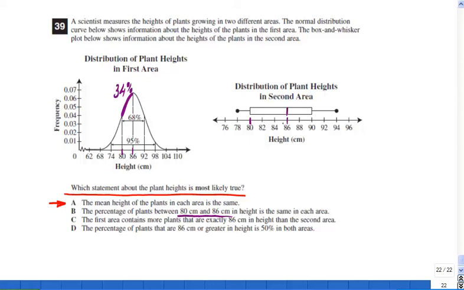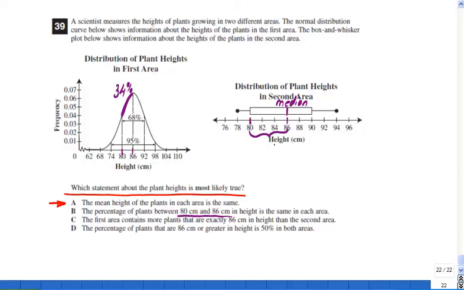You guys remember box and whisker plot, this segment here in the middle of your box is actually what? The median. All right, we also know that the box divided by the median, on the left side of the median I will have 25%, and on the right side of the median I will also have 25%.